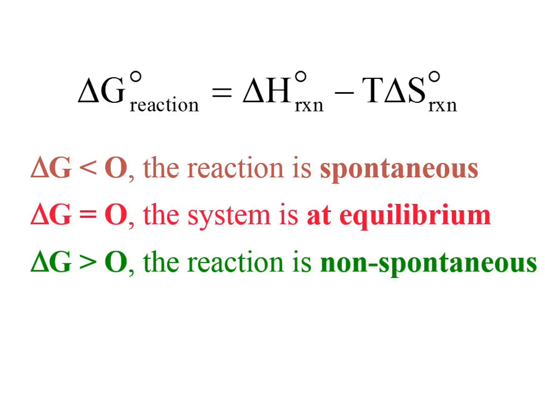And if your Gibbs free energy is equal to 0, it's kind of a cool deal. It's already arrived. It's going back and forth, but it actually is in equilibrium. There's no movement with regard to quantities, molar concentrations of reactants or products. It's at equilibrium.